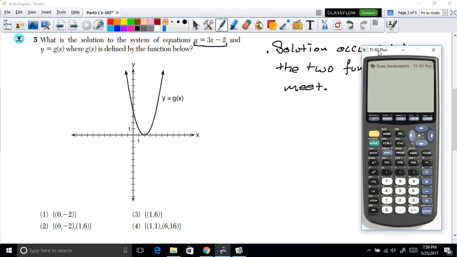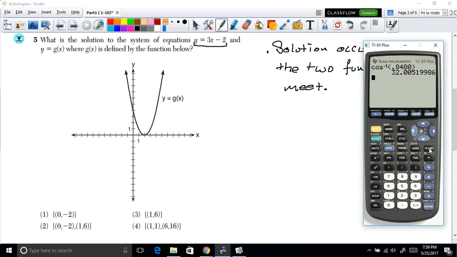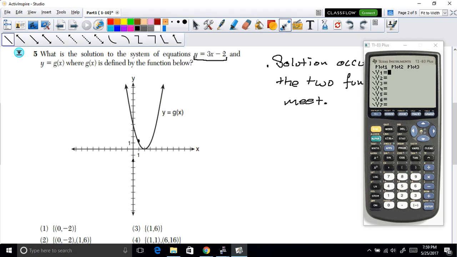Okay, so we have this function. Now, if we graph the function that we're looking for here, y equals 3x minus 2, let's see how that looks. We don't even have to use the calculator here because we can see that the y-intercept is negative 2. And we can see that the slope is 3. So we're going to go 1, 2, 3 up and 1 to the right. And we know it's a straight line, so we only need 2 points.